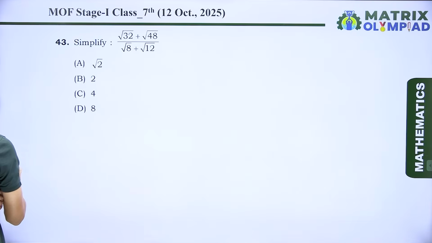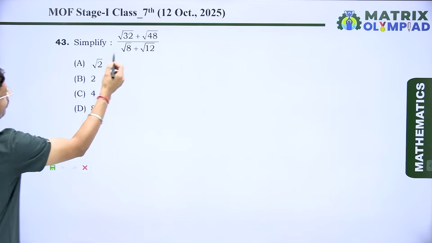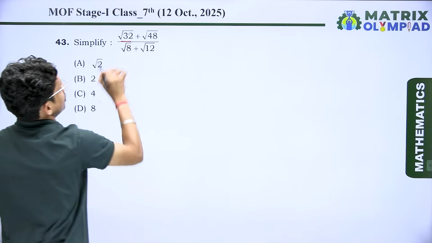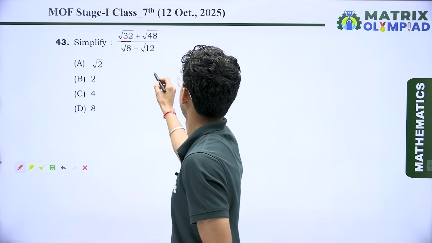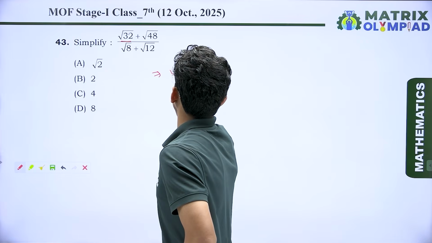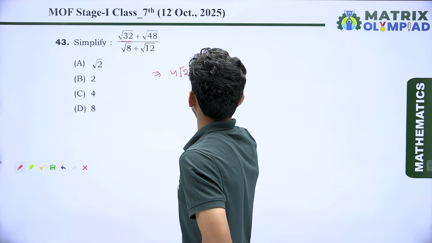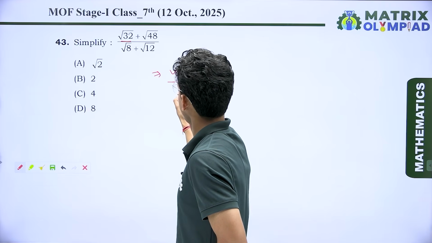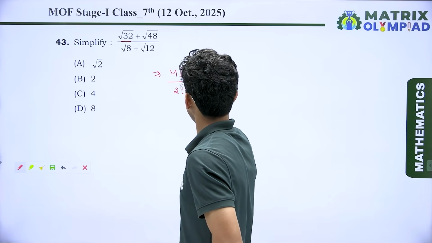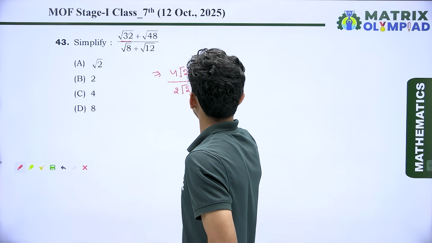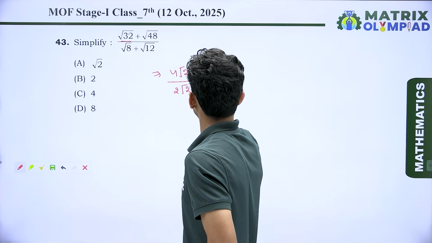So now if I talk about the next question, that is simplify the following expression. So here we have under root 32. So under root 32 we can write 4 root 2. Under root 48 we can write 4 under root 3. Under root 8 we can write 2 under root 2. And under root 12 we can write 2 under root 3.